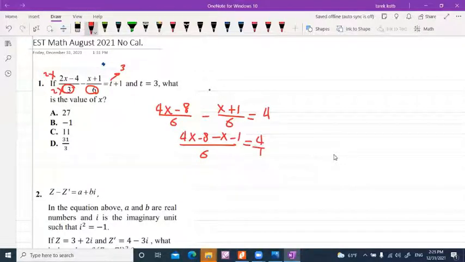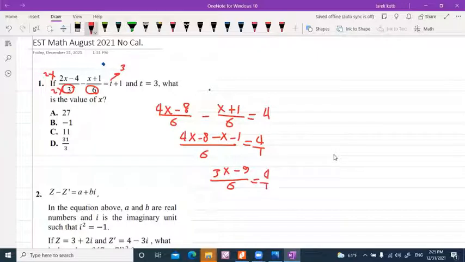This 4x minus x equals 3x. Negative 8 minus 1 equals negative 9, over 6 equals 4 over 1. Let me complete here. It will be 3x minus 9 equals 4 times 6, which is 24. So when you solve this equation, you will get x equals 11.